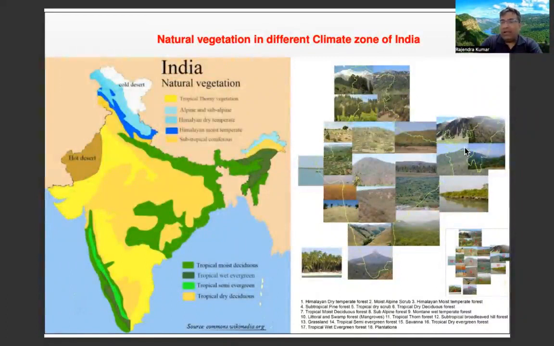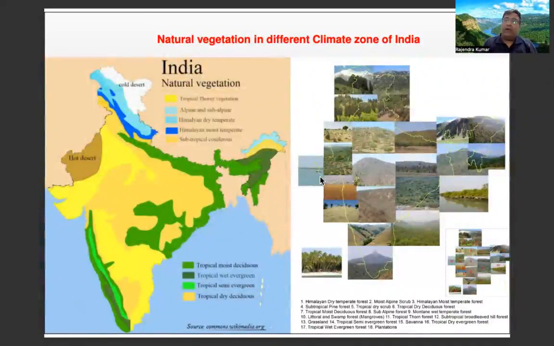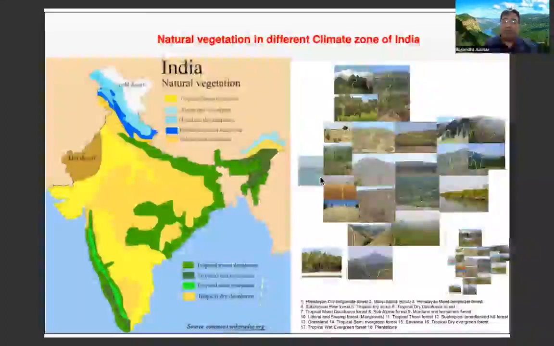You can see cold here, the snow-clad mountain, and you can see desert also here. You can also see the flatland, the hilly area, and the sea area. So this is natural beauty. I mean, these are naturally grown vegetations in different climate zones.